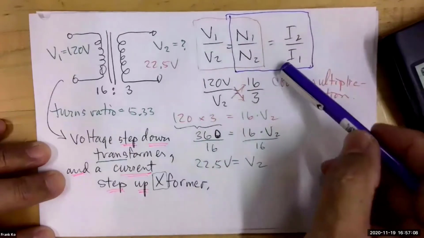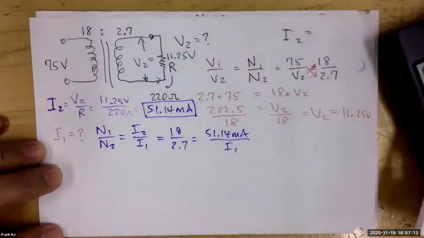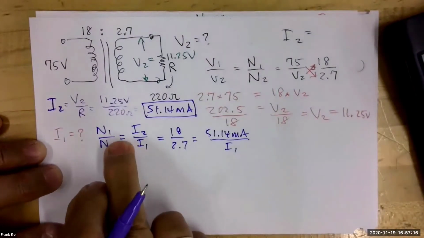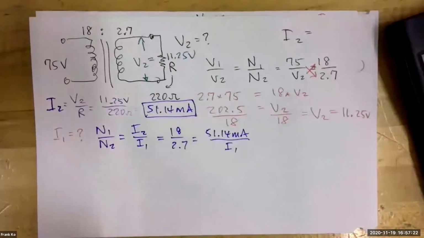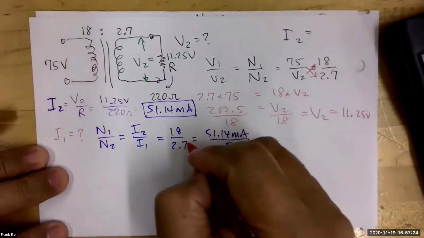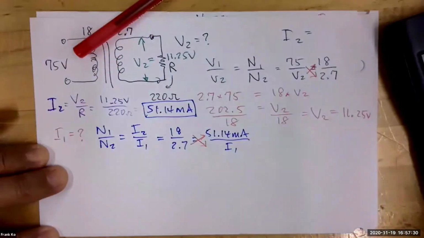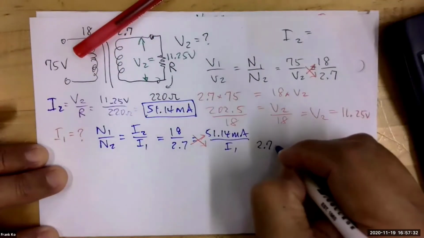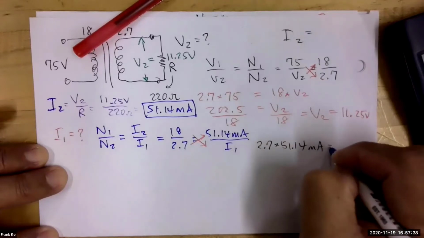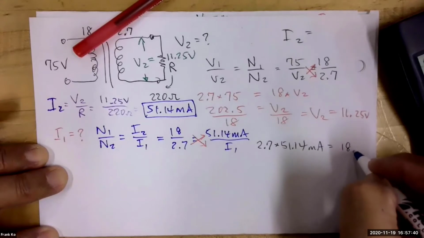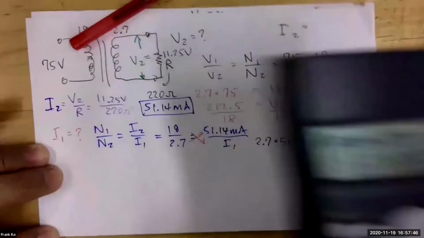So you got to remember we have this relationship for current to the other ratios. As long as you remember that and write out our formula correctly, put in the numbers, let's do a cross multiplication, and we will have 2.7 times 51.14 milliamps, and that's going to be equal to 18 times I1.